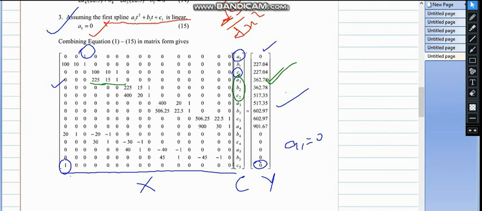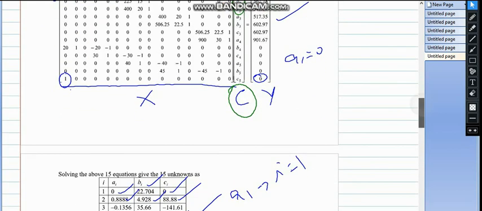And after constructing these matrices, we have to solve this matrix for the coefficients. And once you get all these coefficients, then you can calculate any point in that spline. You can substitute any x value, because you know all the coefficients, and you will get the corresponding y value from that spline.